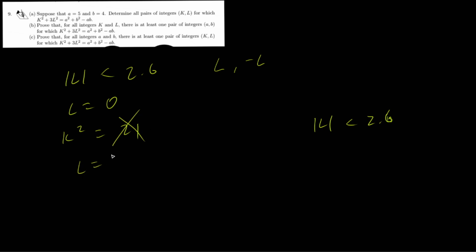Now say L equals 1. Then K squared plus 3L squared equals 21, so K squared would equal 18. This has no integer solutions.